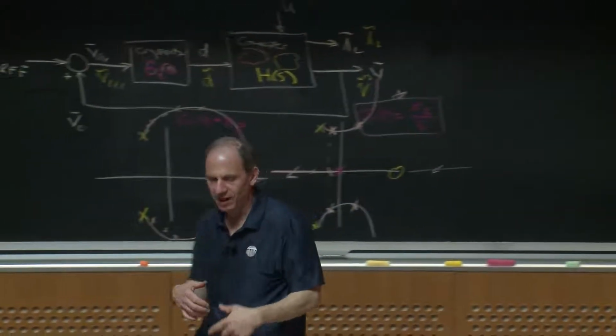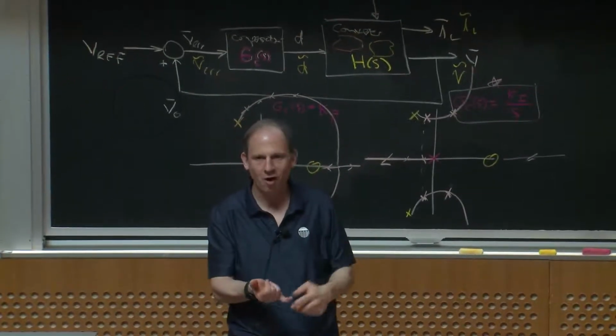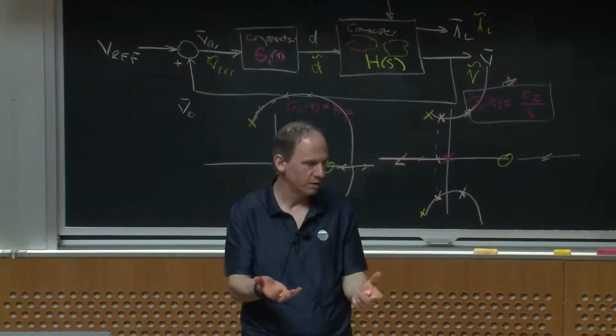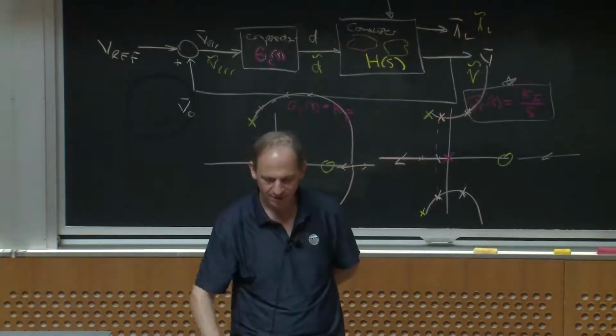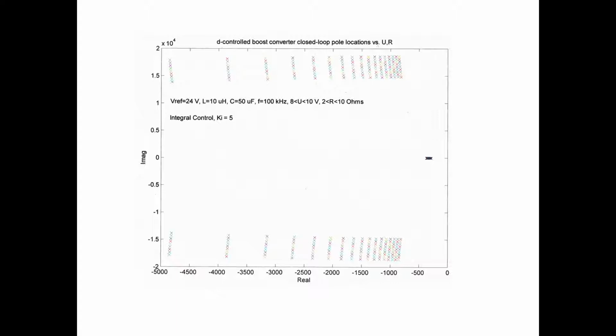And I could calculate that for every possible value of R and input voltage that I might deal with. And if you do that, this is what you get, okay? So you could argue that no matter what here, it's at least stable, right? All the poles are in the left half plane, right? This is the j omega axis on the right here, okay?